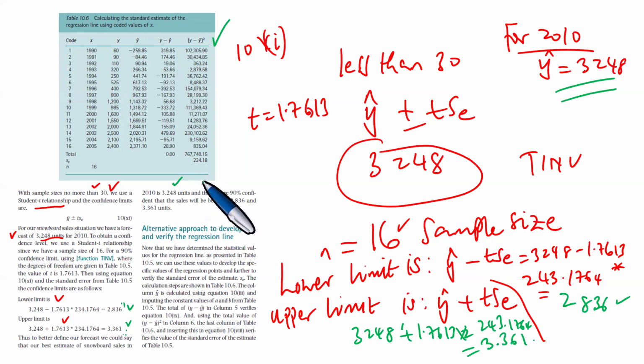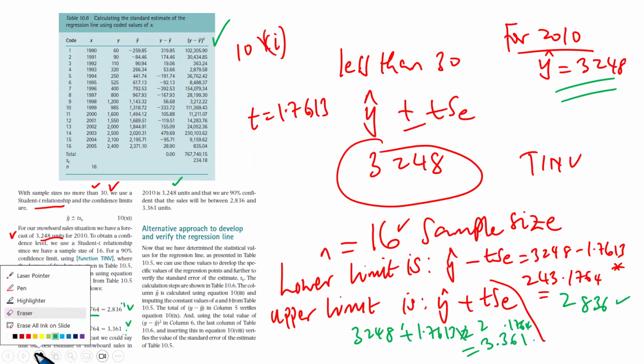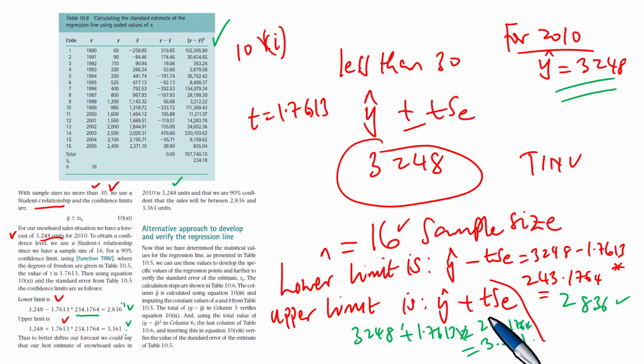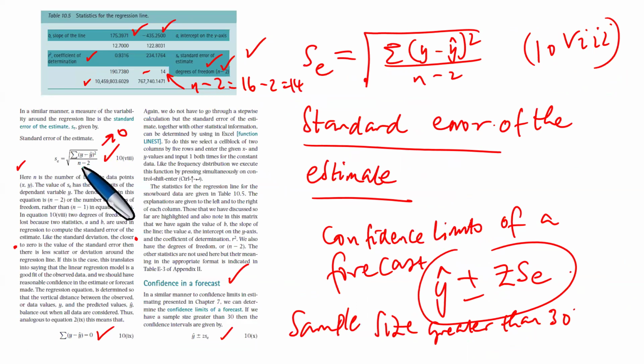The standard error is 234. We can verify that using this table, because we take the summation of all the squares and divide by the degrees of freedom, the sample size minus 2.